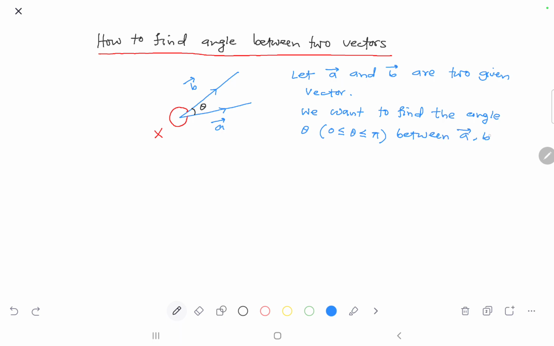a and b. So now the question, how to find the angle between these two vectors a b. Let's say the angle theta. So to find out the angle between two vectors, we define the dot product.